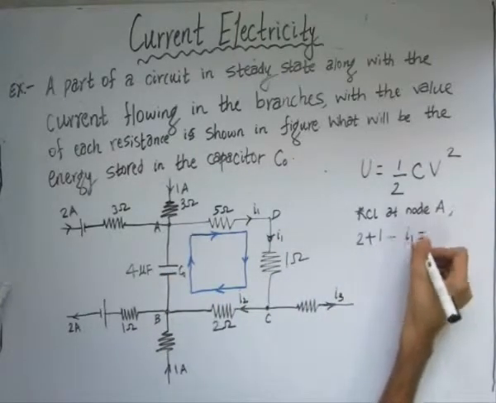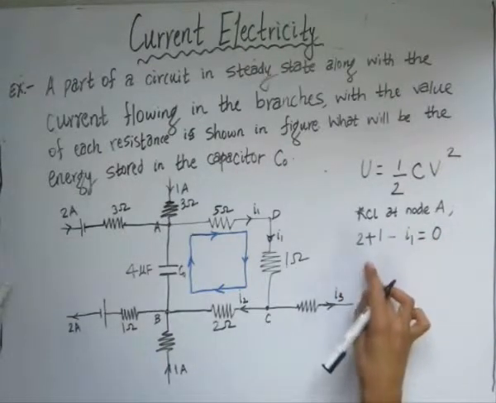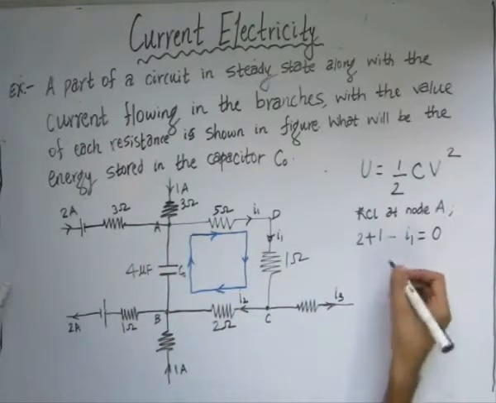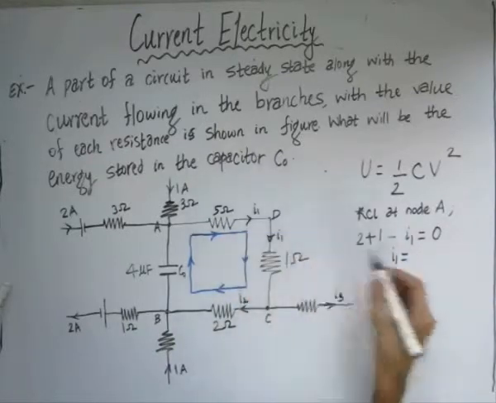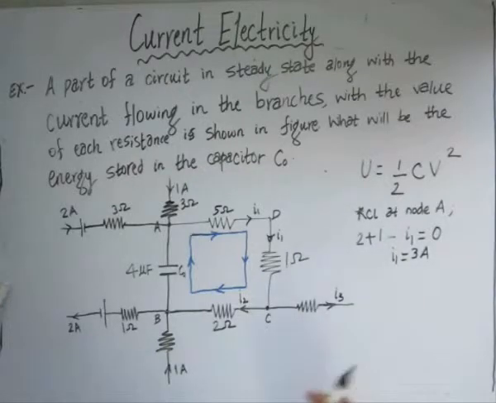So minus I1 is equal to 0. That is as per the law of conservation of charge: the incoming currents must be equal to the outgoing current. So from here we can see that the value of the current I1 flowing through this branch is 3 amperes.